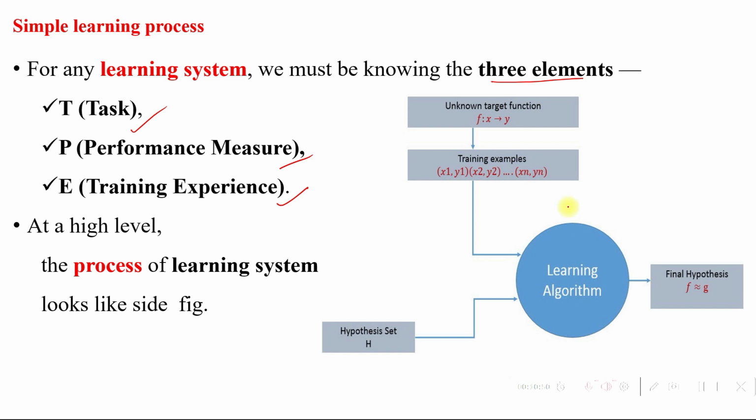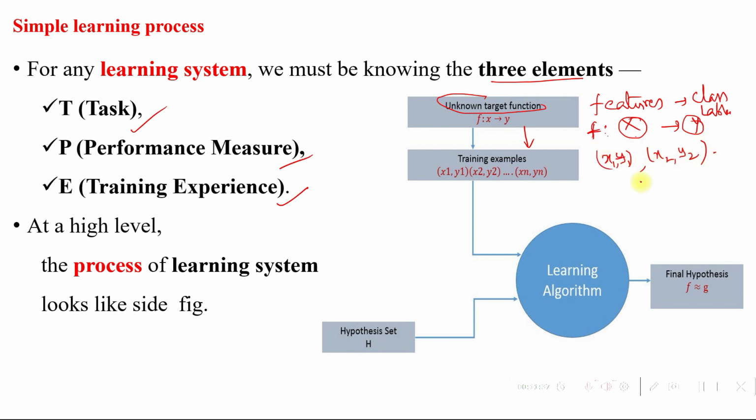Here there is an unknown target function that establishes some relation between the features, called X, and the corresponding class label or target variable, Y. Our aim is to find this unknown target function F, which gives X implies Y. So X1 is mapped with the corresponding class label Y1, X2 with Y2, and so on, until all the training examples are mapped with their class labels.